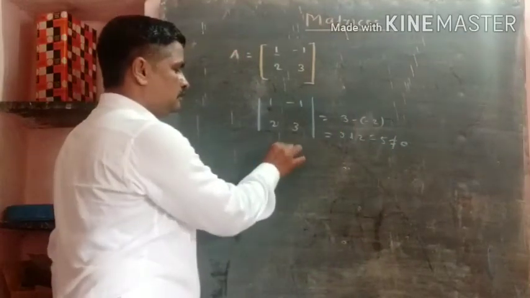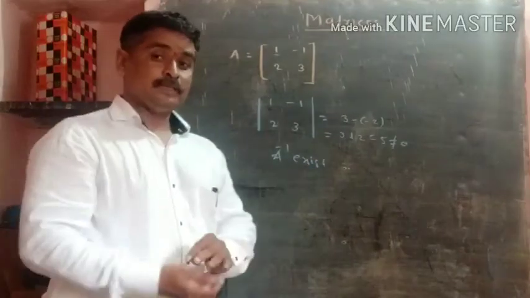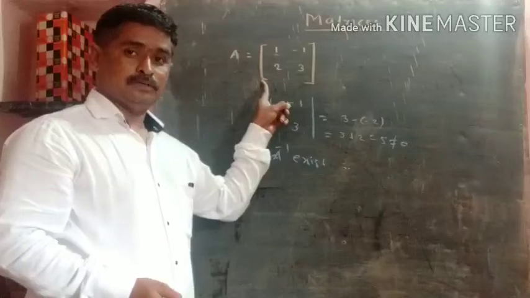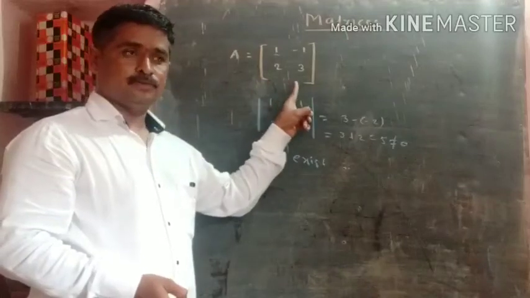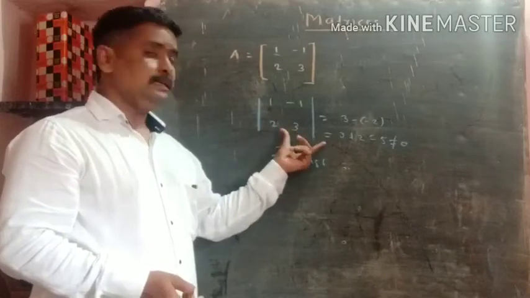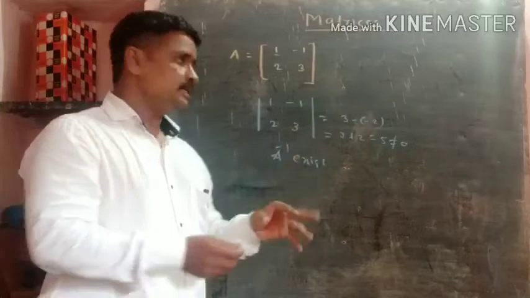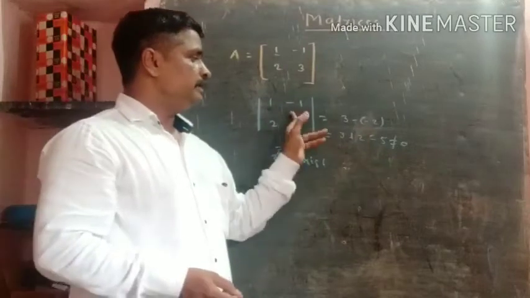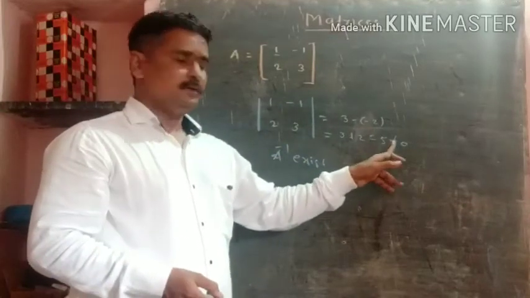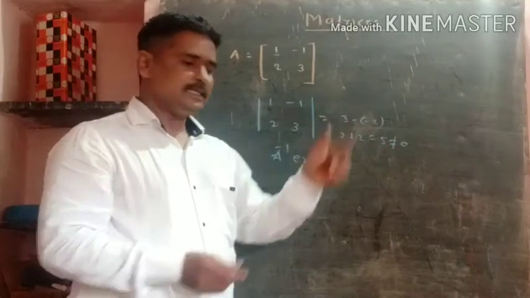It is the theory. If we want to find the inverse of a matrix, first of all we should take the determinant of that matrix. If it is not equal to 0, then the inverse of the matrix exists. In this case the determinant of this matrix is equal to 5, and 5 is not equal to 0, therefore A inverse can exist.